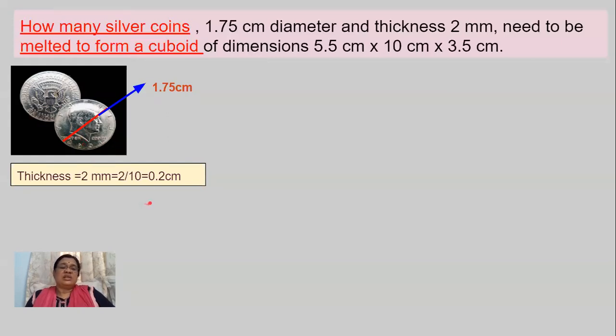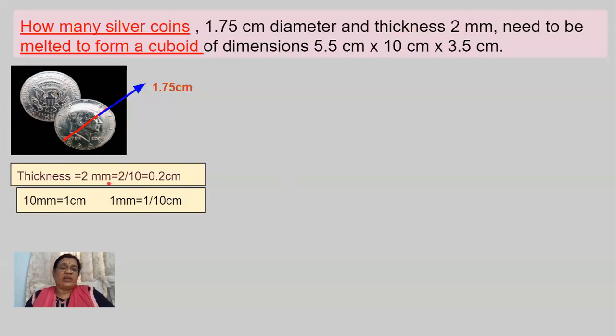So the thickness is less here. How much is the thickness? 2 millimeters. Observe here, one is centimeter, one is millimeter, one is centimeter. They should not be like that. You have to convert this millimeter also into centimeter. You should not substitute directly. You students mainly make mistakes at this step only. See here, I have converted in this step only.